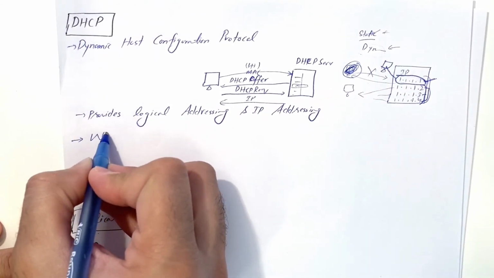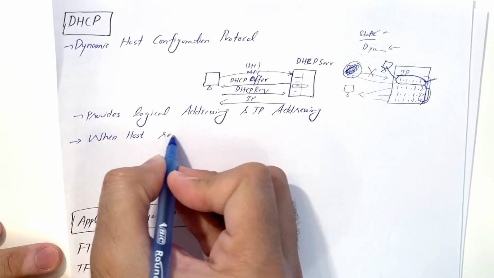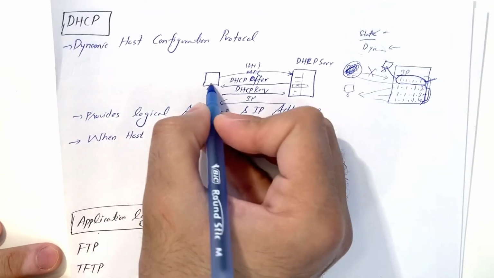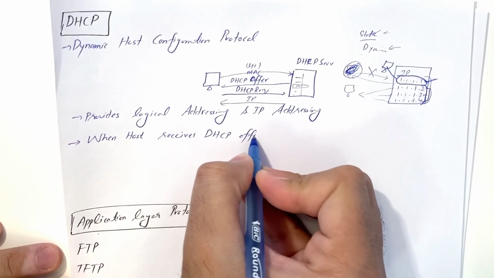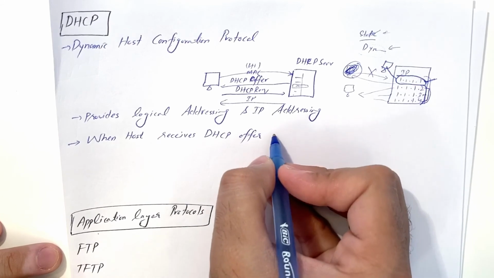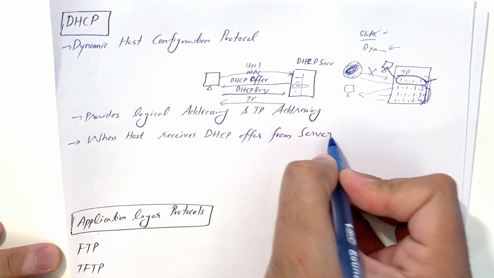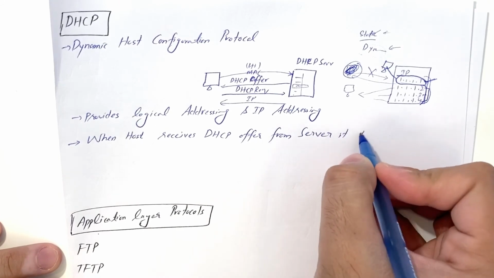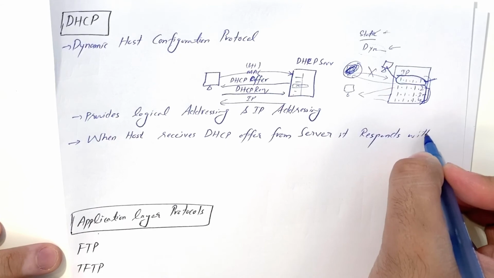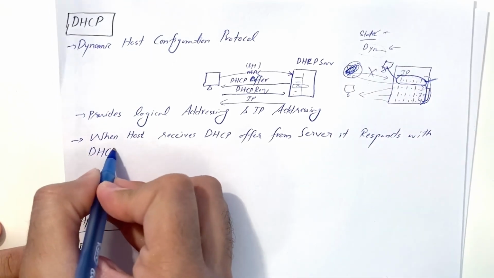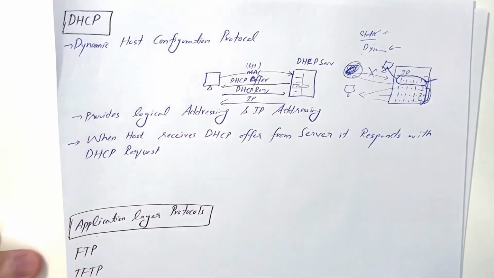And again, when the host receives the DHCP offer from the server, it responds with a DHCP request. Request means, hey, yes, I will be grateful if you can please assign me that IP address. That's the request.